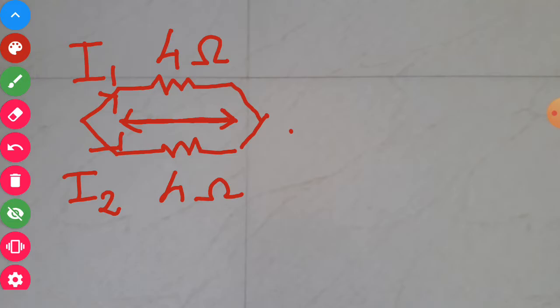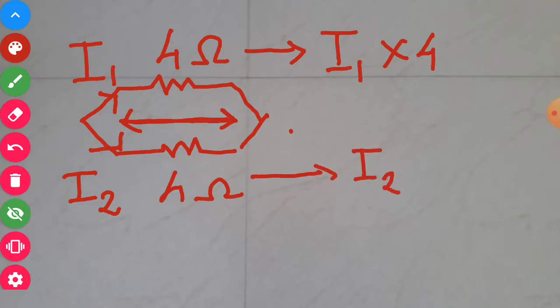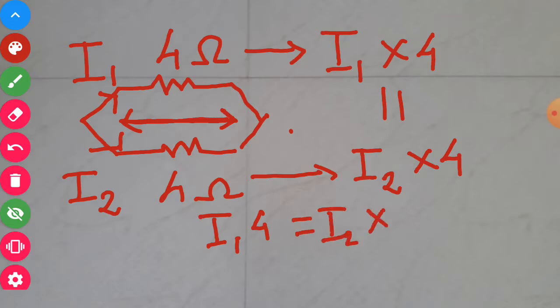So for this the potential drop will be I1 into R, that is 4, and for this the potential drop will be I2 into R, that is 4. Now this potential difference is the same because they are in parallel, so we can say I1 into 4 is equal to I2 into 4. So 4 will cancel out, you will have I1 is equal to I2, and both the currents are the same.